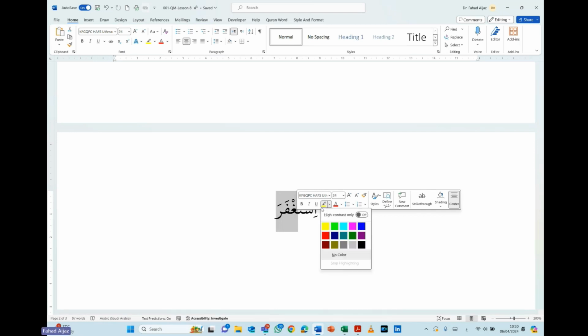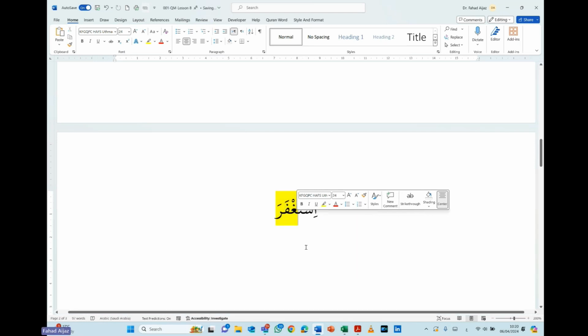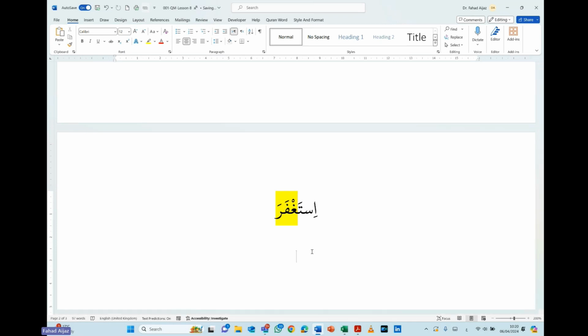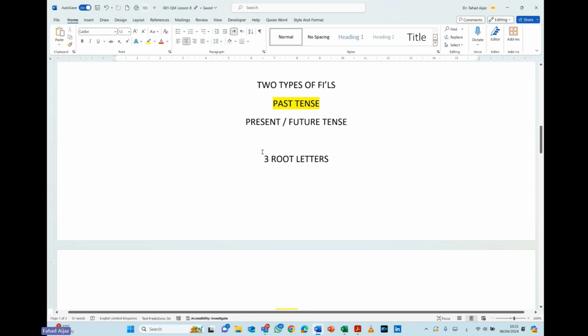This one. We'll learn this skill if we ever study the sarf, inshallah. But every fi'l has 3 root letters, the majority of them. There are some that come with 4, and there are very few that come with 5. In the Quran, you have some examples, literally few, you can count on the fingertips, where the fi'l has 4 root letters, but the majority of the fi'ls in the Quran have 3 root letters, no matter how big they look.